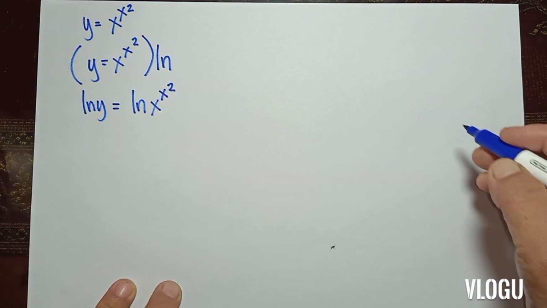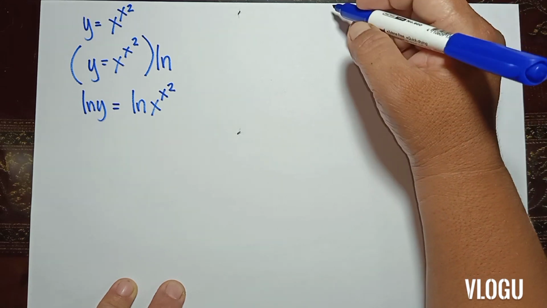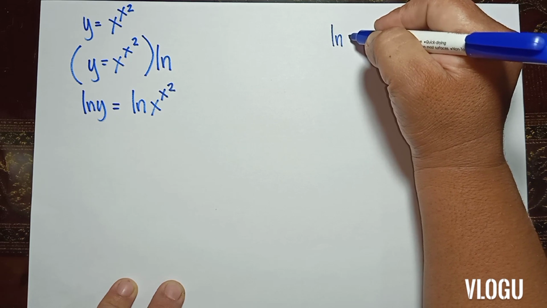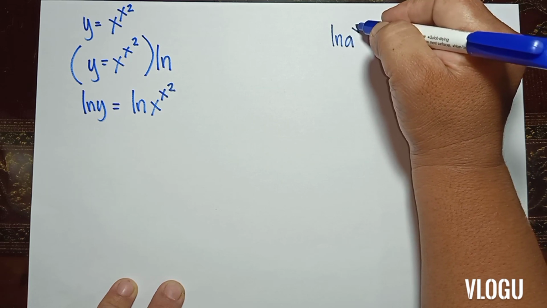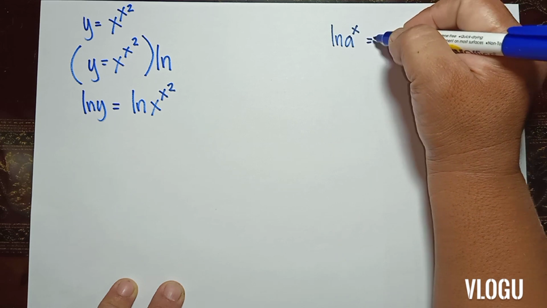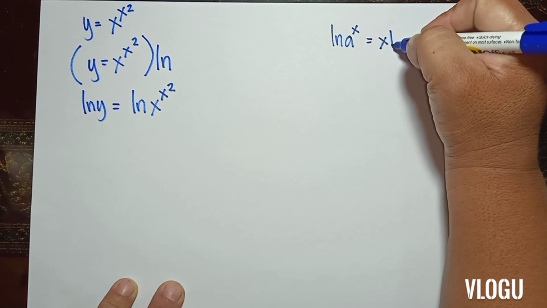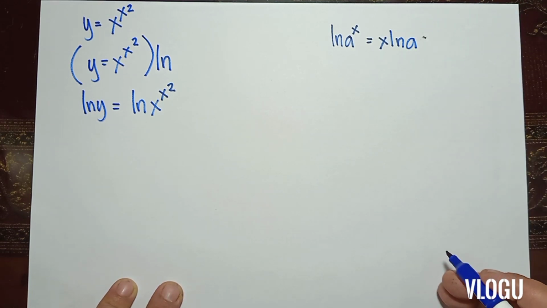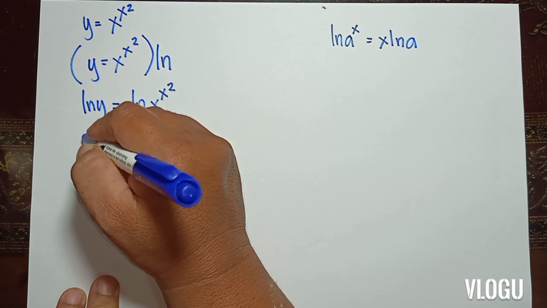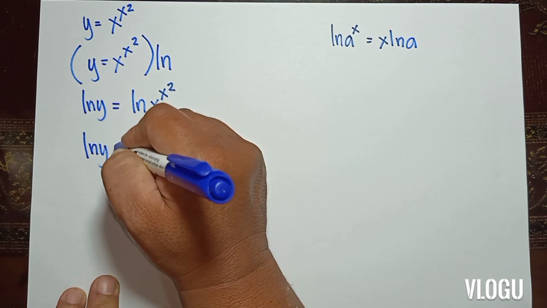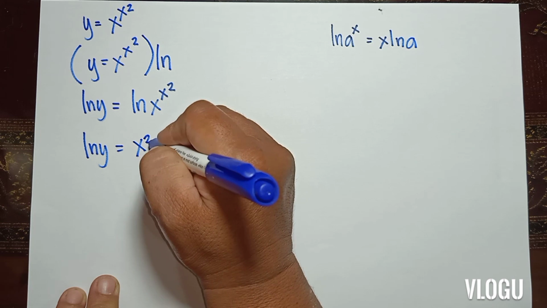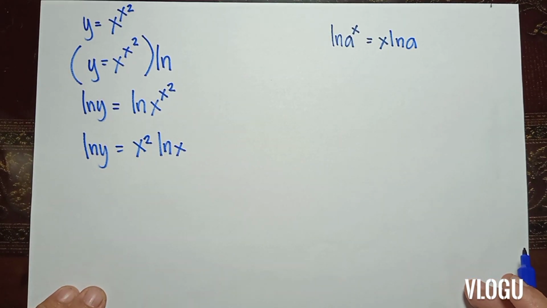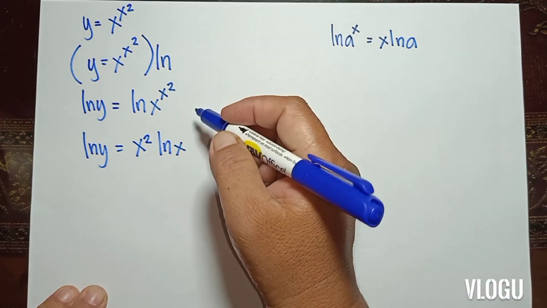So, from our algebra, if we have ln of a raised to x, that could be expressed as x ln of a. So, that's the reason we will have ln of y equal to x squared ln of x. Then, after that, we have that form.